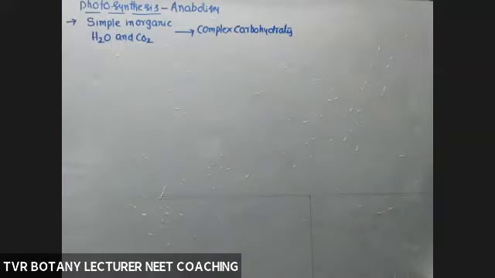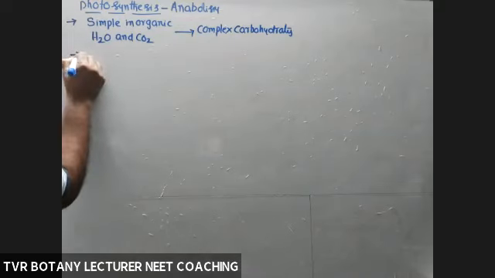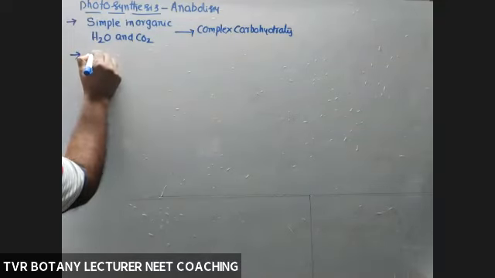H2O and CO2 have less amount of energy. They need a lot of energy to convert themselves into carbohydrate. So photosynthesis is an energy consuming reaction. Light energy is required. And hence the name, it is a photochemical reaction.